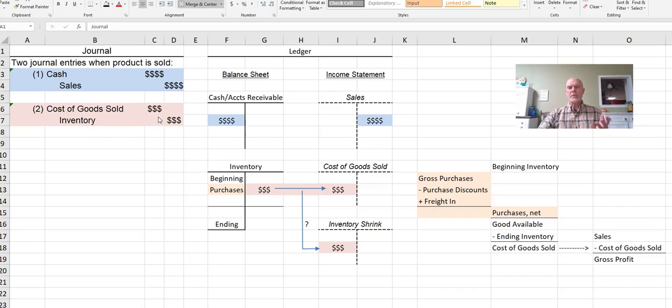So in the first episode, we just talked about how that works, and we talked about the basic calculation of cost of goods sold, and then cost of goods sold is subtracted from sales to get gross profit. In the second video, we talked about when the cost per unit changes over time, and then you sell something, you have this question of, well, which one did we sell?